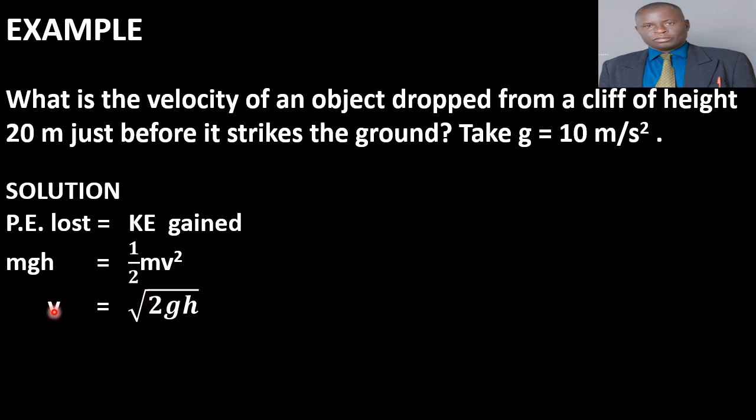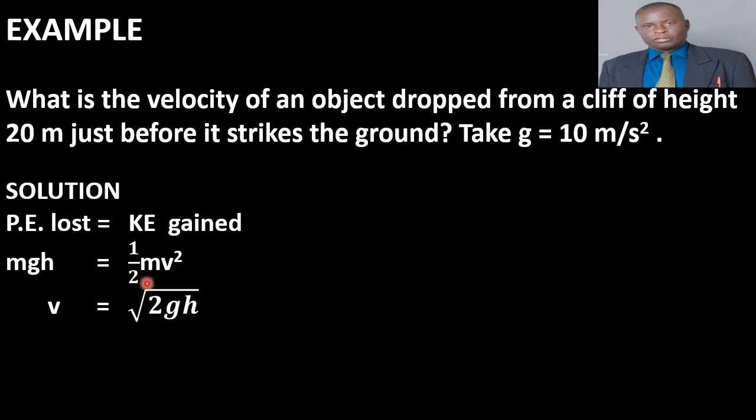So we are saying v, the velocity, is equal to the square root of 2gh. Velocity of the body is equal to the square root of twice the acceleration due to gravity multiplied by h.